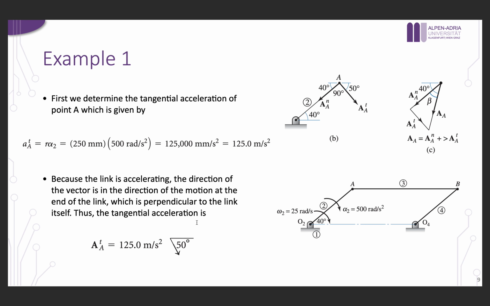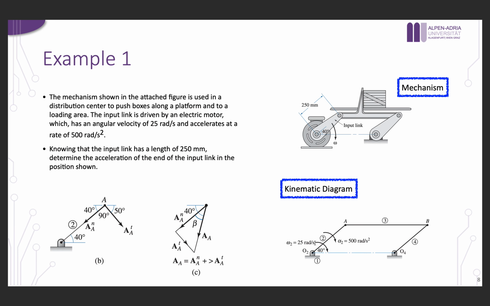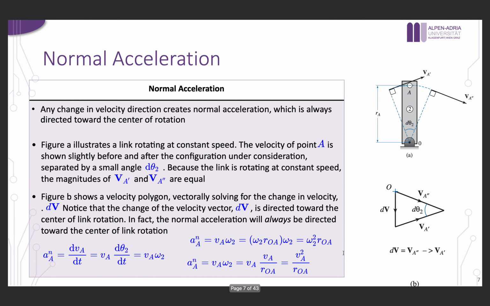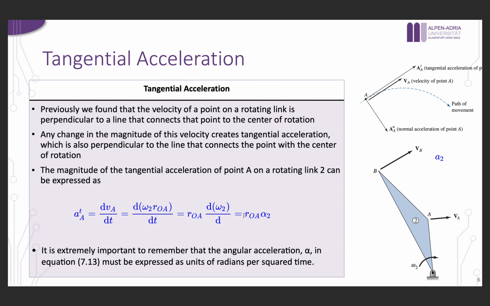Now, how do we start? We know the angular acceleration of this link, which means any point on that link has the same angular acceleration. This is why we can apply this formula directly to get the magnitude, right?